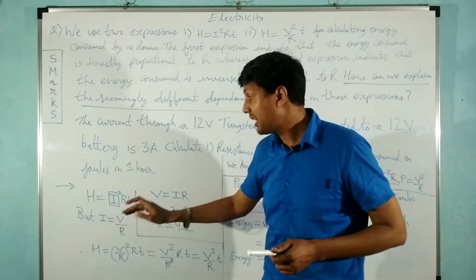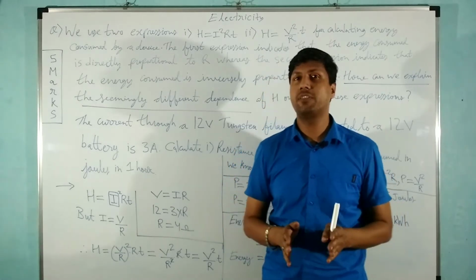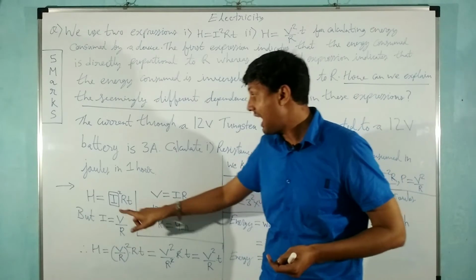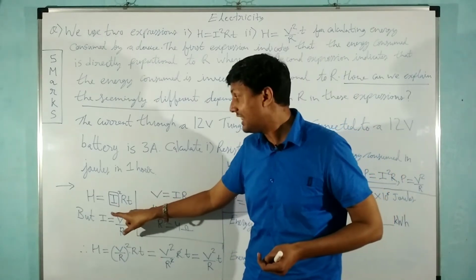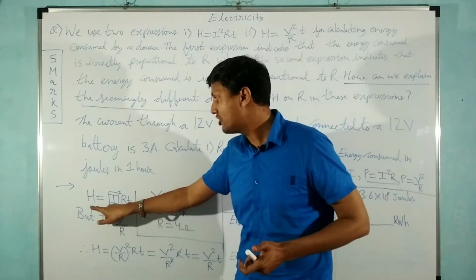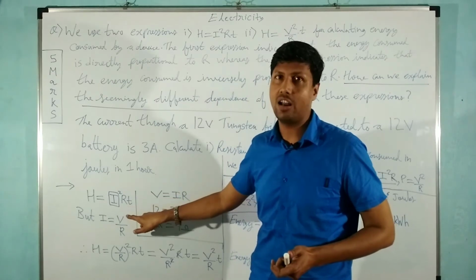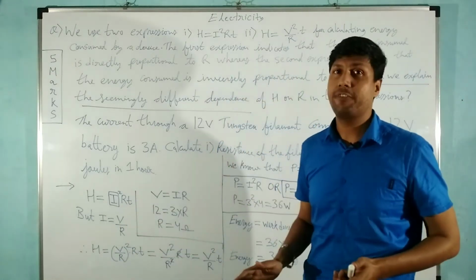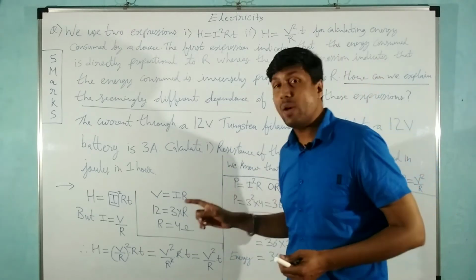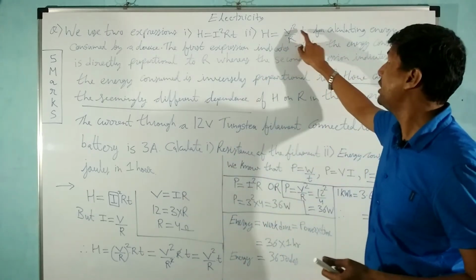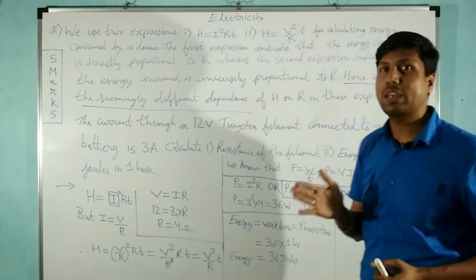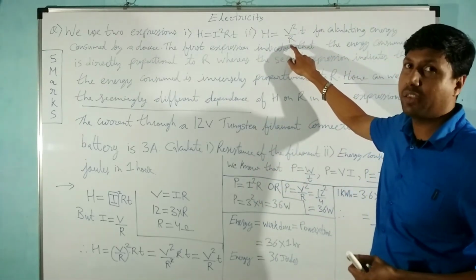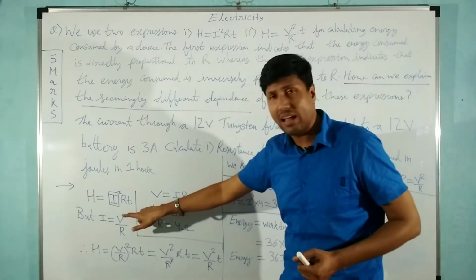In this case, if and only if, listen to me very carefully guys, if and only if I is constant, then only you can say that H is directly proportional to R. But if V square into T is constant, then you can say that H is inversely proportional to R in the second case. So that's what I've written here.